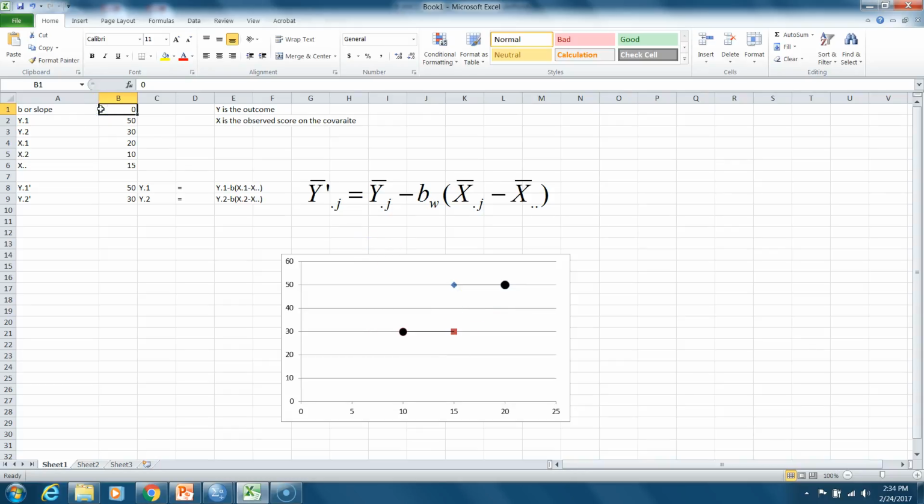If the relationship between the covariate and the outcome measure is positive, then we can see group 1 being a 20 on the covariate and group 2 being a 10 on the covariate, the grand mean being 15 on the covariate, we can see where those adjustments occur.